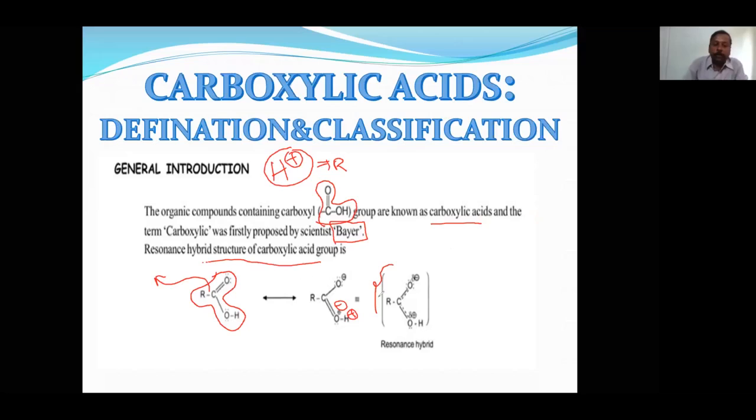I will tell you how you will write it in the board exam and how you will get questions. First of all, if the question is there in the exam, why are carboxylic acids acidic in nature? Here I will write R C double bond OH.